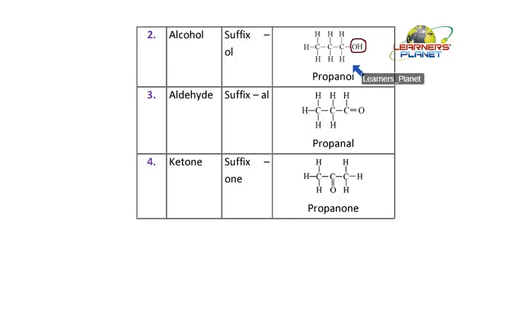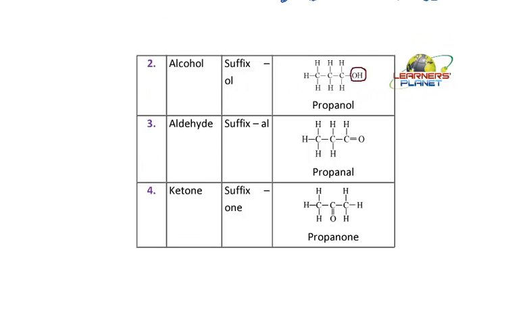So here is an example of a compound with 1, 2, 3 carbon atoms. That is propanol. Let's take up a few more examples. I'll write and you try to number and name these compounds.